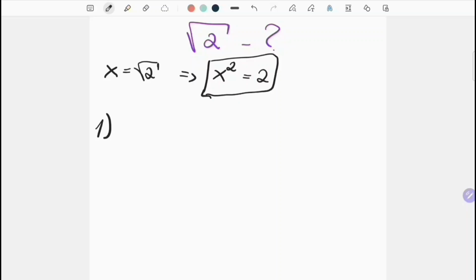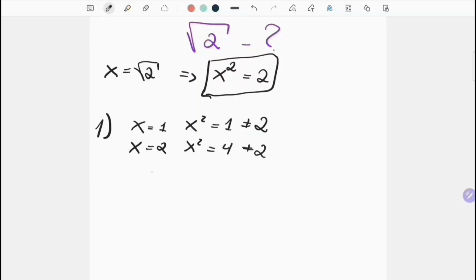One can quickly check by manually verifying the first integer numbers. For instance, for x equal 1, x squared would be equal to 1, which is not equal to 2. So x equal 1 is not a solution. For x equal 2, x squared equals 4, and that's also not equal to 2.